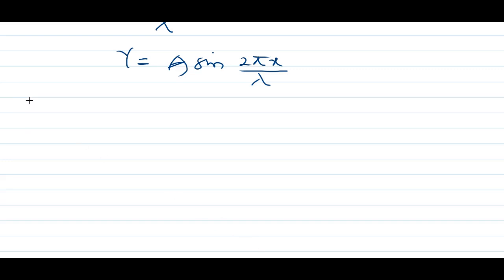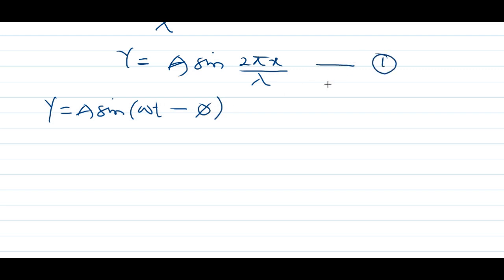So a wave that is traveling with amplitude A and constant angular velocity can be written as y equals A sine omega t minus phi. You can take this as equation 1. Then you can take this as equation 2.